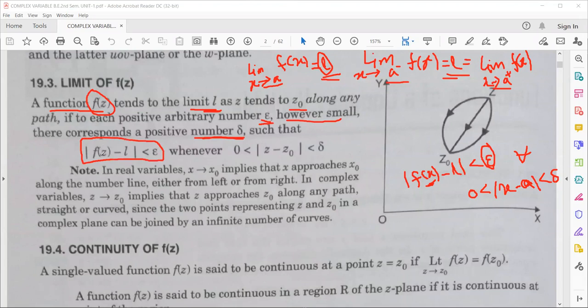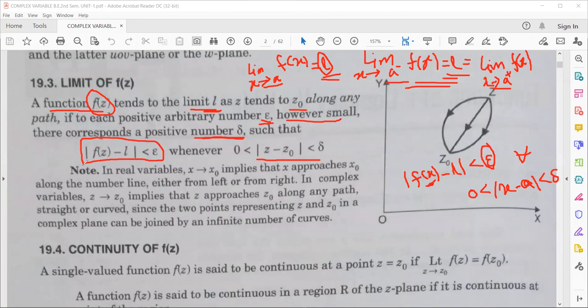Modulus of f(z) minus L should be less than epsilon. If this is true, but this condition is not true, then you can't say that the limit will exist. Because for this condition, the left hand limit exists and the right hand limit exists, but if both are not equal, the limit will not exist.